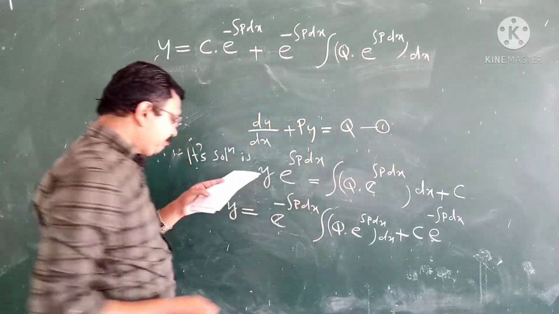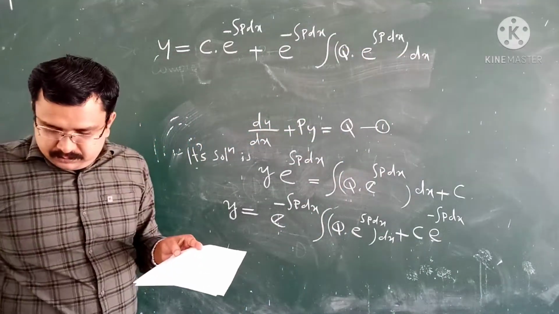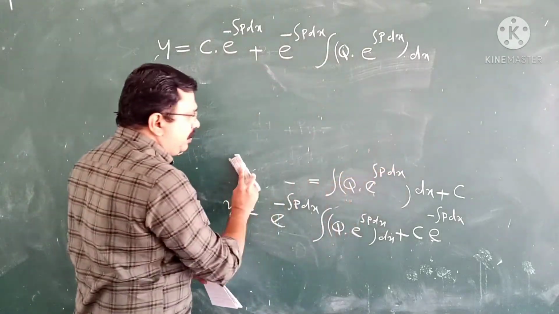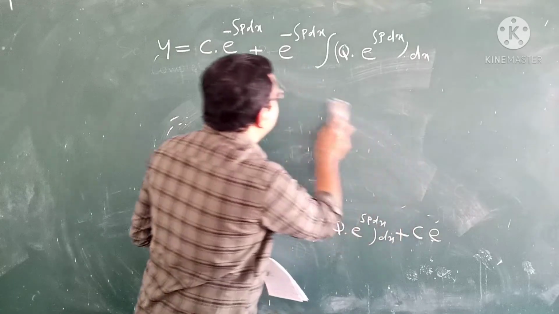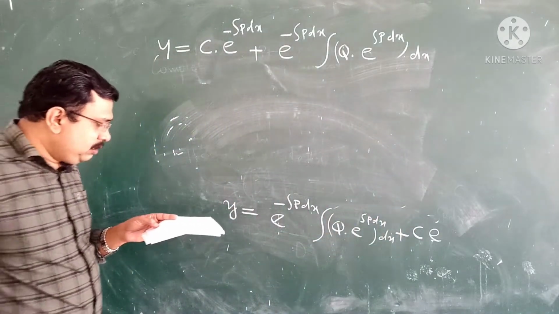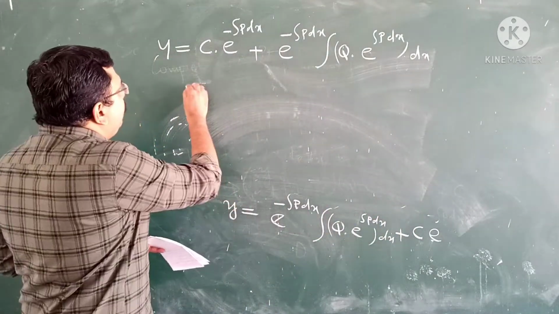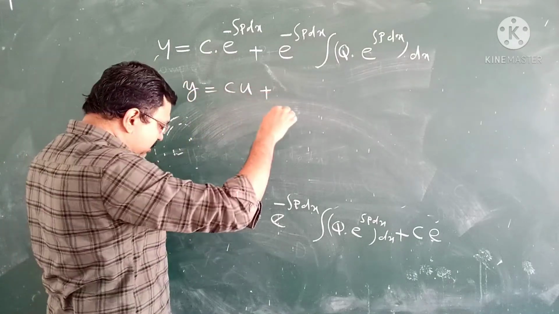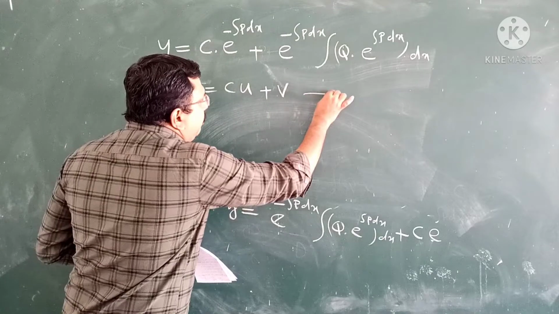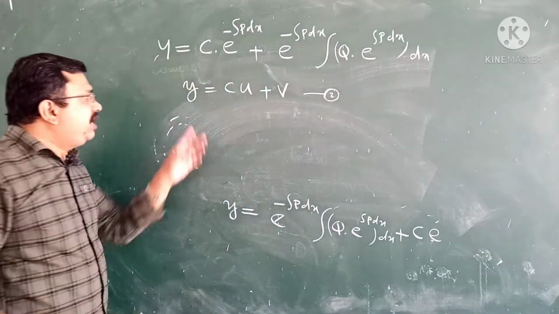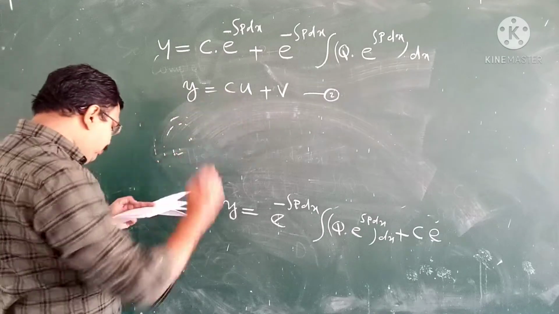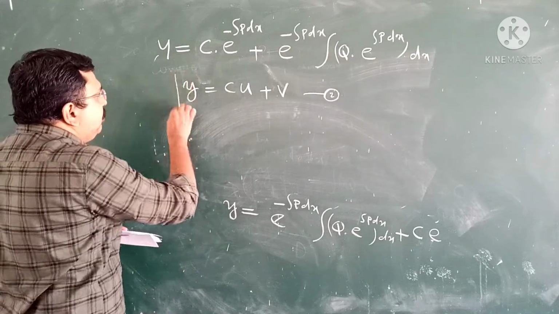Then this can be written as y equal to cu plus v, equation number 2. Okay, y equal to cu plus v. Then what is u? This is very important.